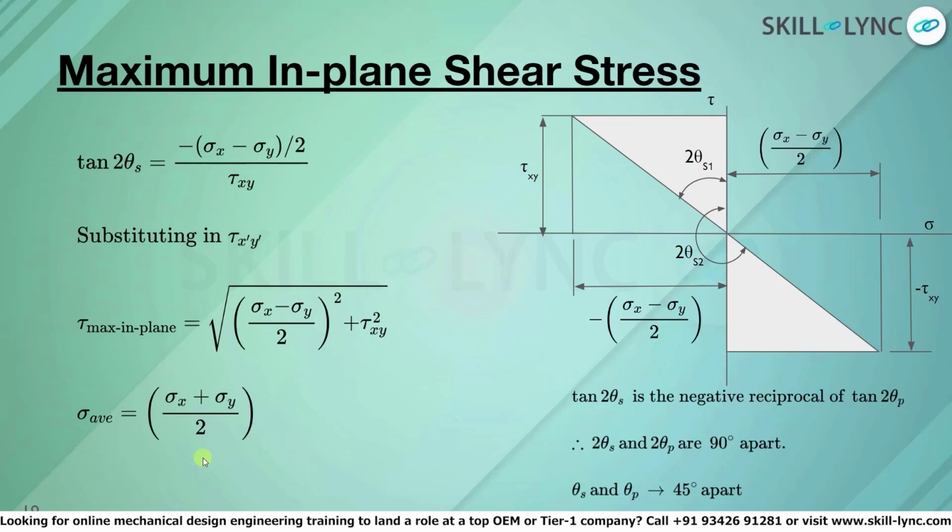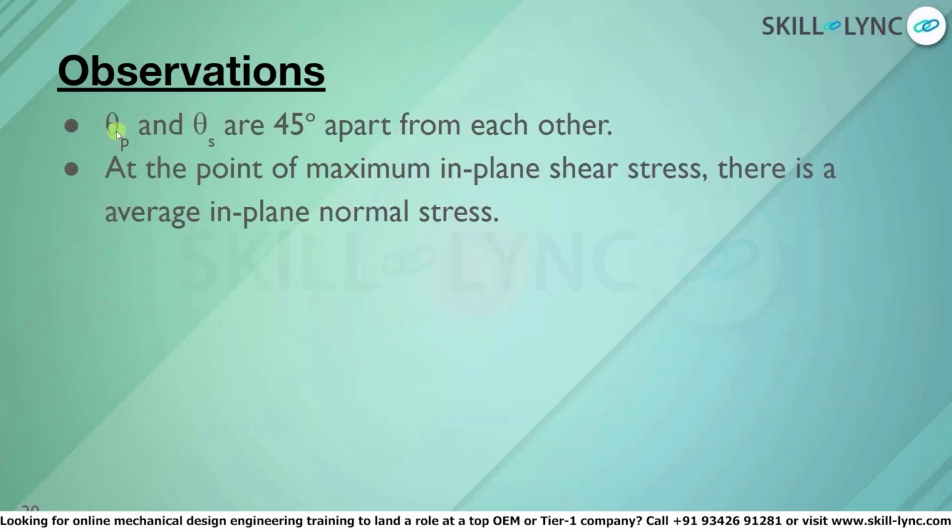Here we should also note that we'll get an average value, sigma average, equal to (sigma x plus sigma y) by 2. We get the average value when we don't have shear stress. The observations to note here are that theta p and theta s are 45 degrees apart from each other, and at the point of maximum in-plane shear stress, there is an average in-plane normal stress.